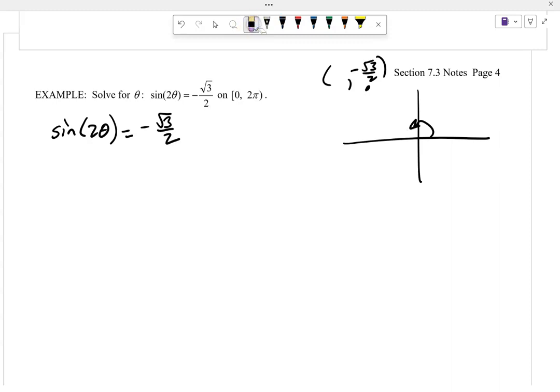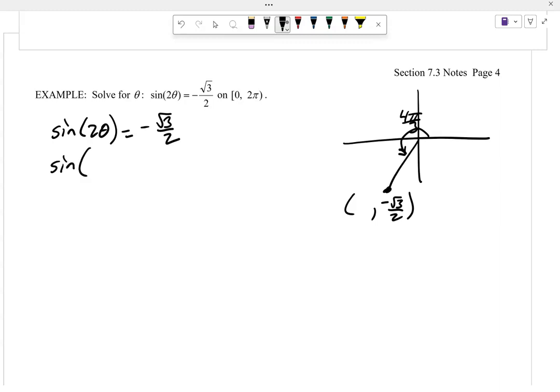Just kidding, my sine is negative. 4 pi thirds would have a sine that's -√3/2. And so, since we know the sine of 4 pi thirds is -√3/2, let's start with that one.